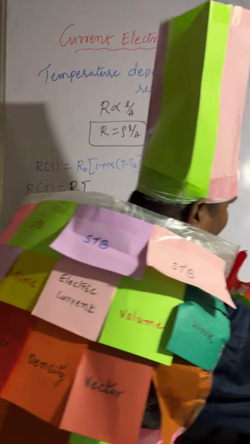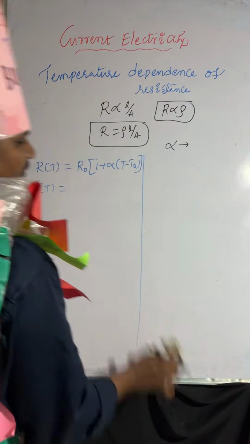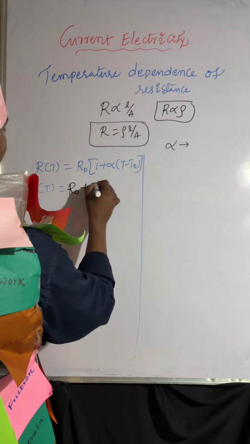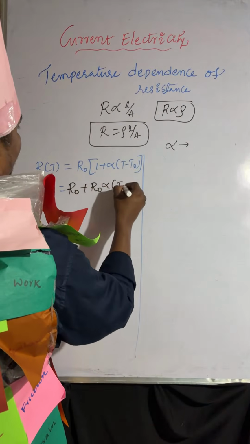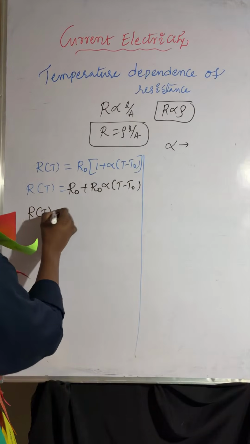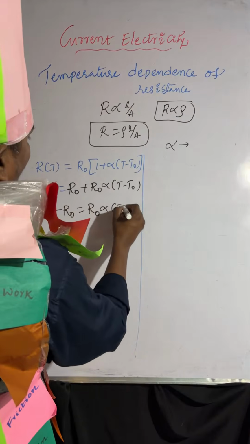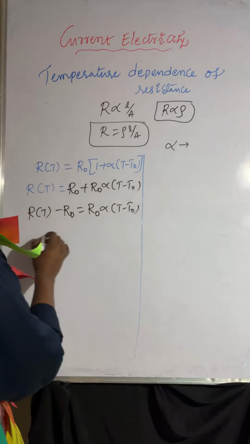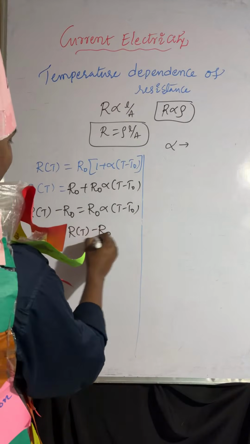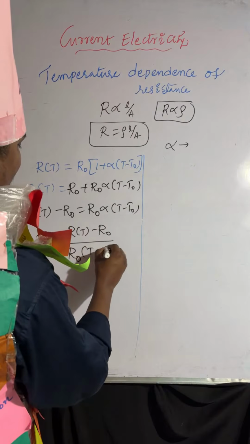So R_T equals R_0 plus R_0 alpha into (T minus T_0). So R_T minus R_0 equals R_0 alpha into (T minus T_0). Then alpha equals (R_T minus R_0) by R_0 into (T minus T_0).